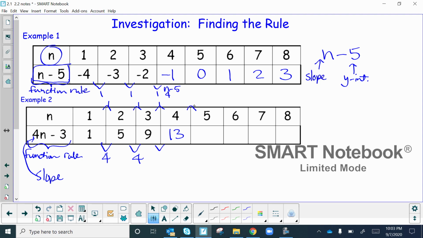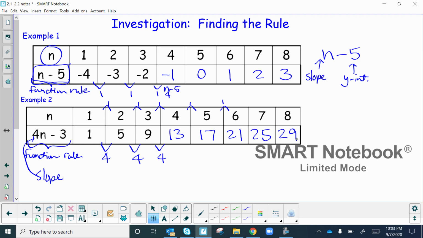If they're going up by another number, say 2, then we're going to have to make an adjustment to this value down here to make sure it is equivalent to the slope. So let's just continue with going up 4 every time. 13, 17, then 21, then 25, and then 29.